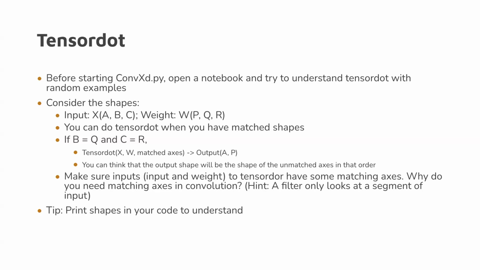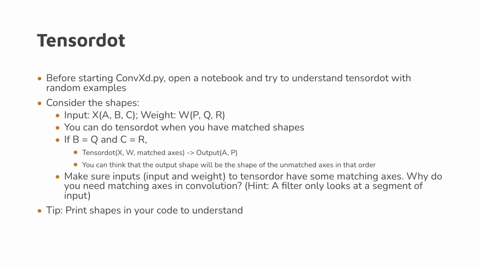So when you consider the tensordot operation between the input matrix X and the weight matrix W, the output will have the dimensions of the unmatched axes.